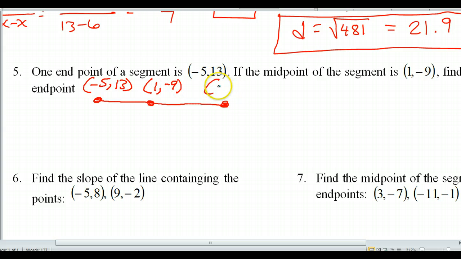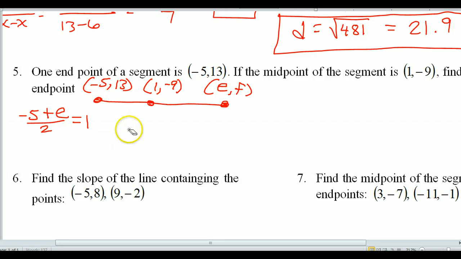And we're supposed to find this endpoint, which I like to call E, comma, F. So let's just set up our equation. So one equation would be the x's. So negative 5 plus E divided by 2 should equal 1. The midpoint should be the one that we're setting equal to. So that's one equation.